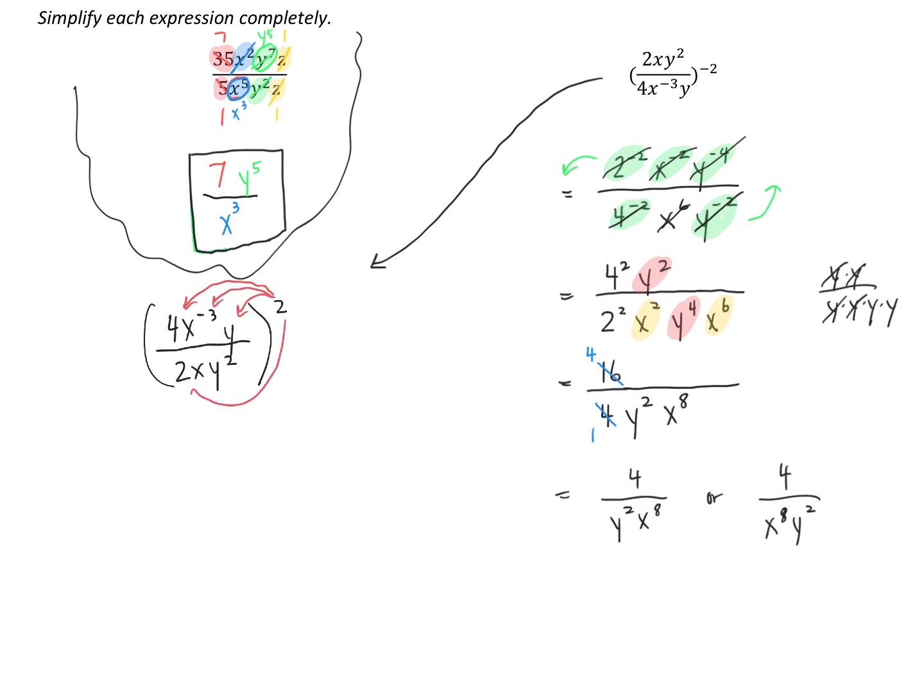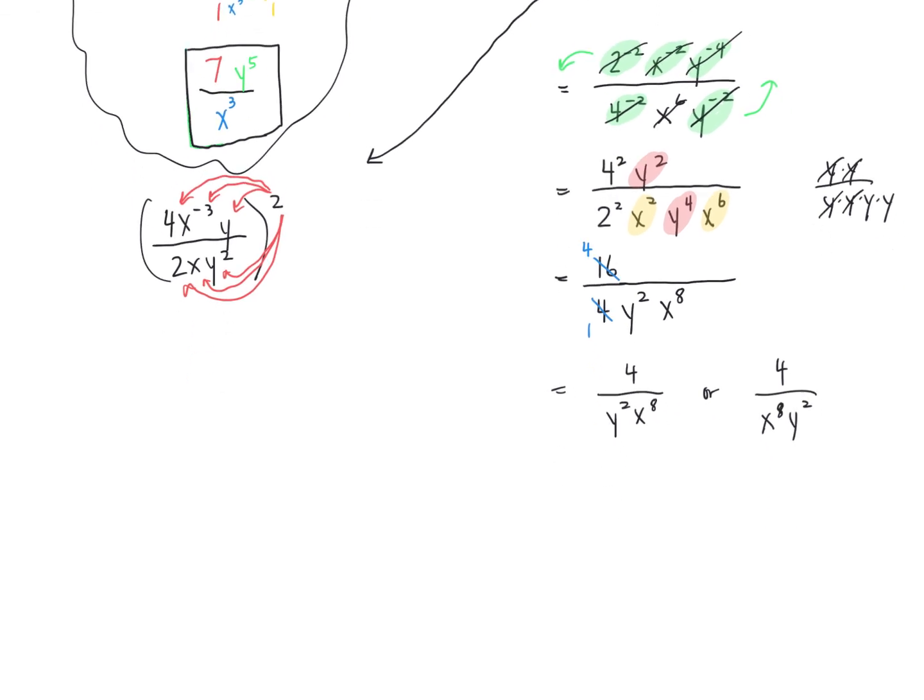Okay? So once I apply the power rule in this case, let's see what I get. I'm going to get 4 squared, x to the negative 6th, y squared, over 2 squared, x squared, y to the 4th.